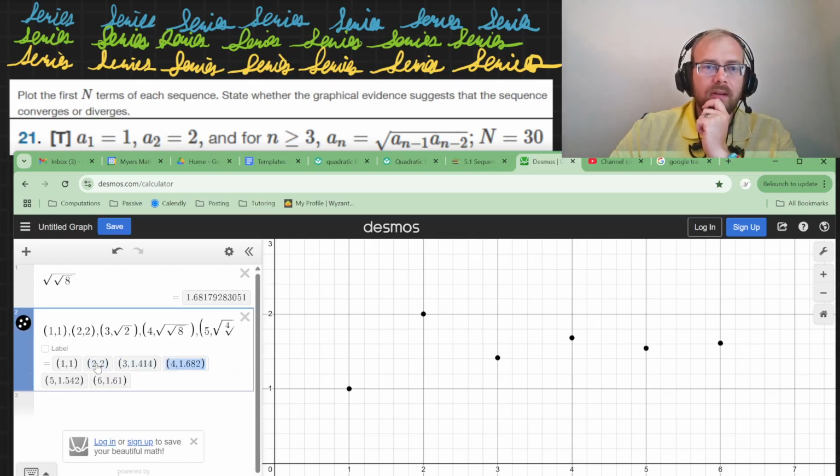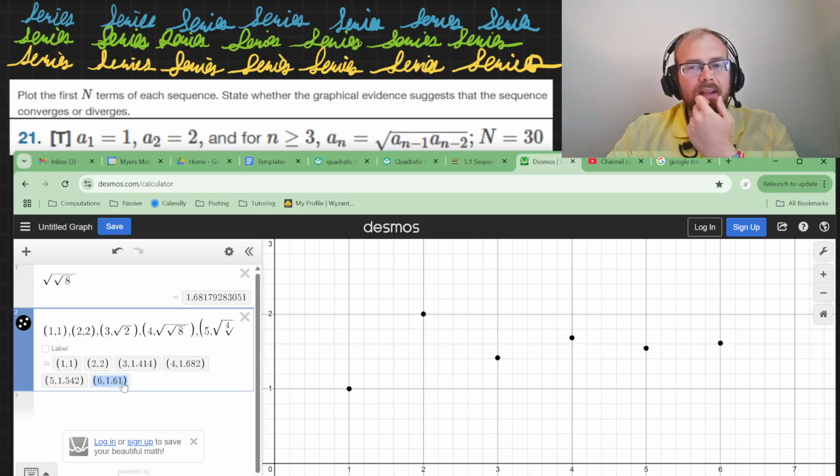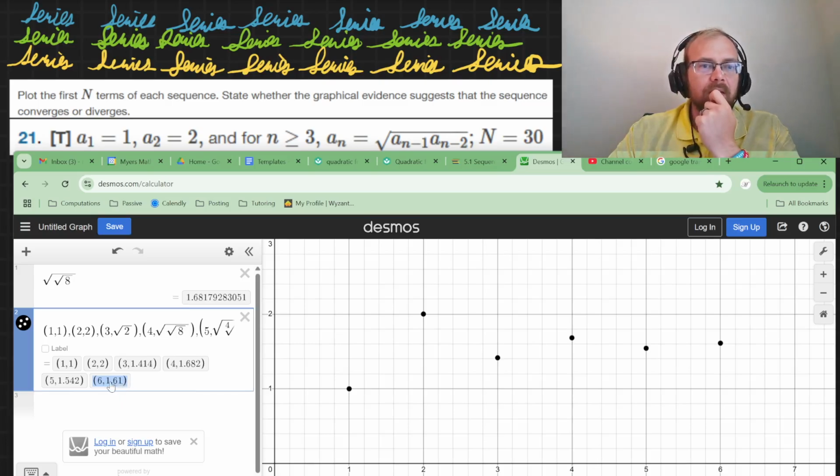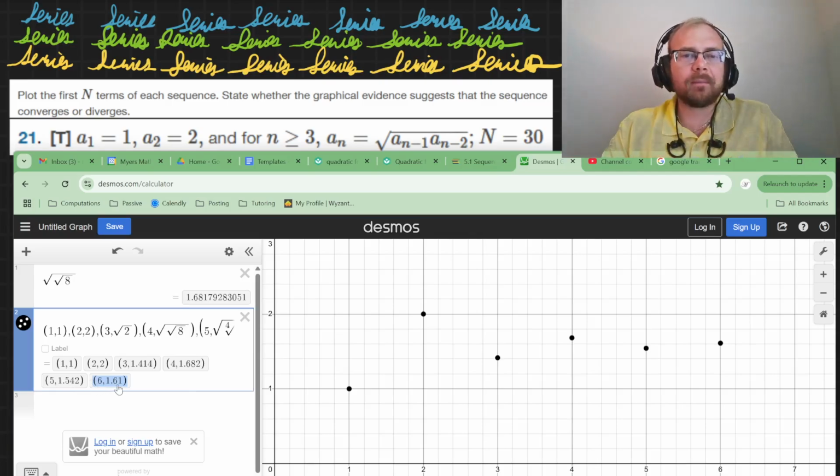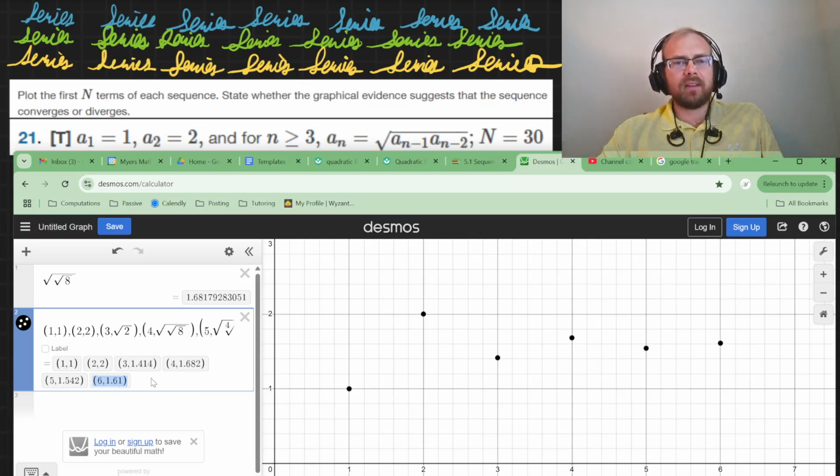So leveling off at, let's see, it went to 1.682, 1.5, 1.6. So it's leveling off somewhere in there. Like 1.7-ish maybe. Or no, 1.5, 1.6. So maybe between 1.5 and 1.6. Somewhere around there.